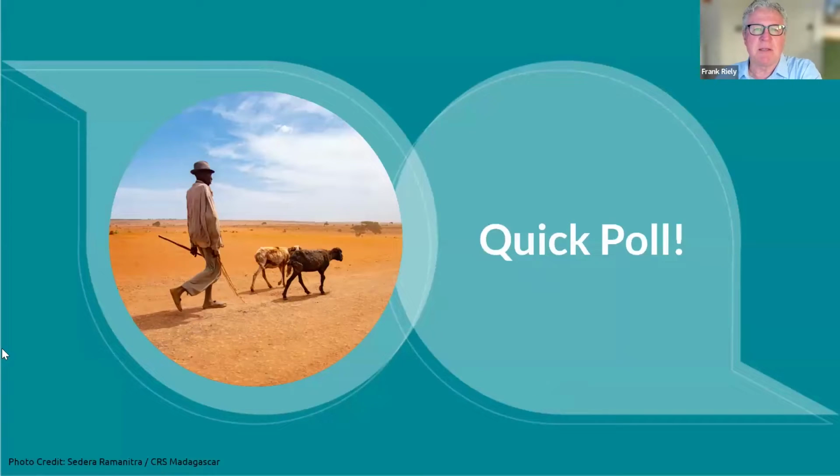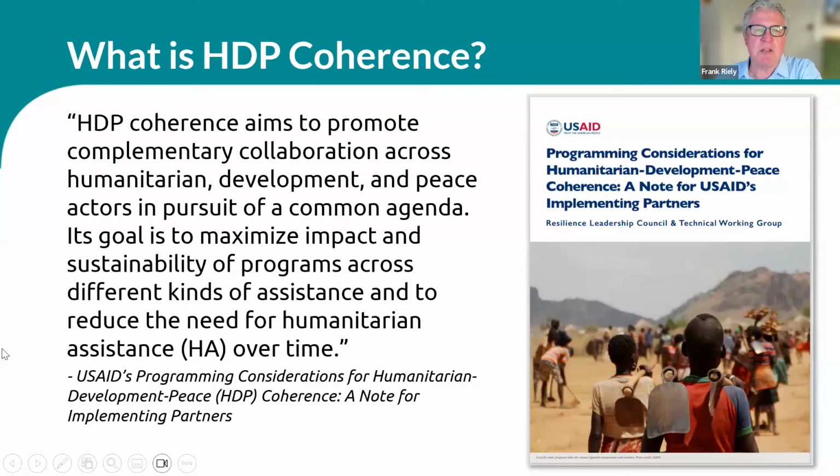In that document, HDP coherence is defined as approaches that promote complementarity and collaboration across humanitarian, development, and peace actors in pursuit of a common agenda to maximize impact and sustainability and reduce the need for humanitarian assistance over time.